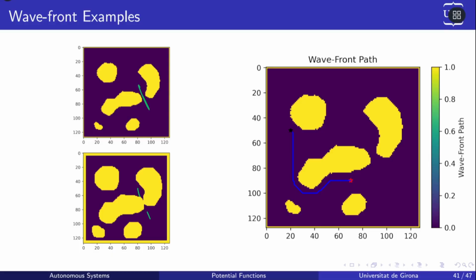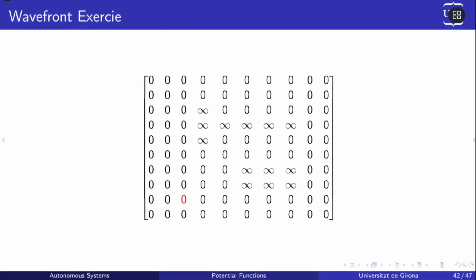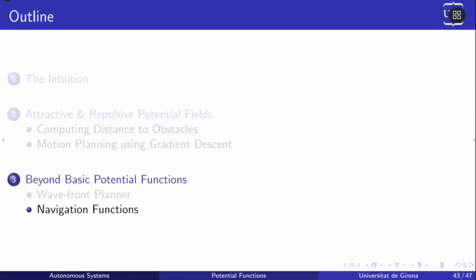Then you have to be careful. It's better to first modify the environment and then apply the wavefront planner than the other way around. Another exercise: I will not do it, but you get the idea, and you don't have the solution here. Better for you. Then you do it at home and see if you are able to do it.